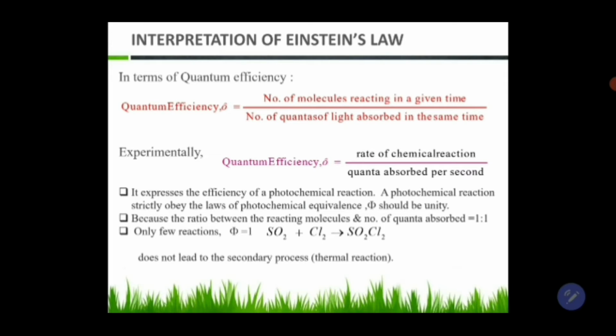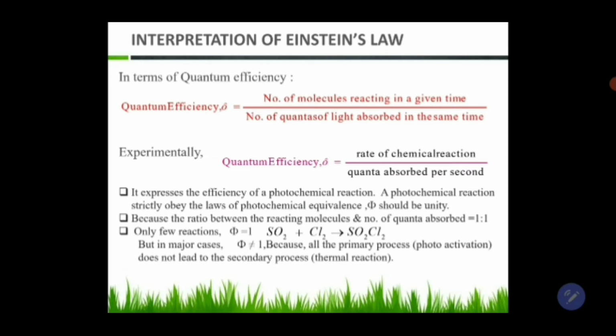Just like we have seen in many other cases, in the case of ideal gases, perfect crystals, and ideal solutions, here also very few systems follow this law of photochemical equivalence, such as the reaction SO2 plus Cl2 gives SO2Cl2. Most of them do not follow the law of photochemical equivalence, and phi will not be equal to 1.